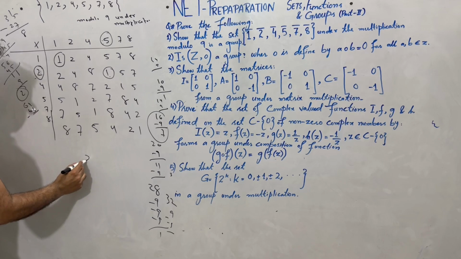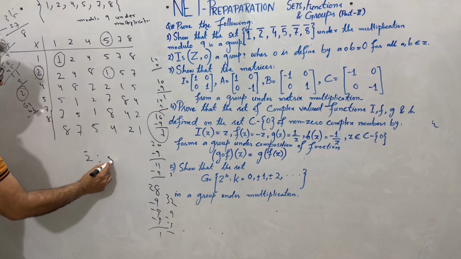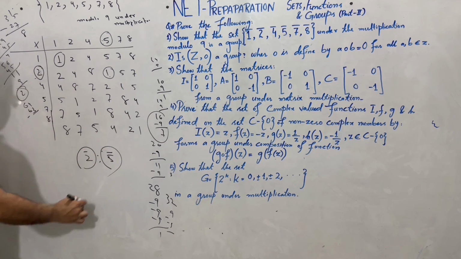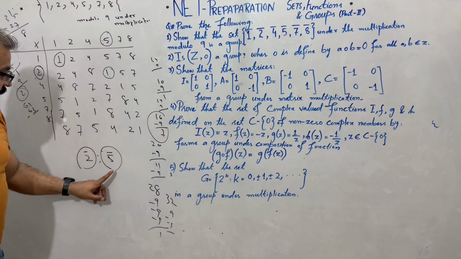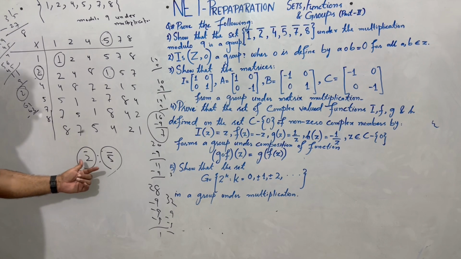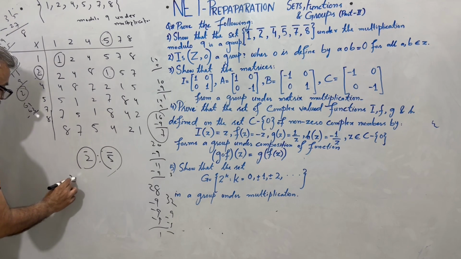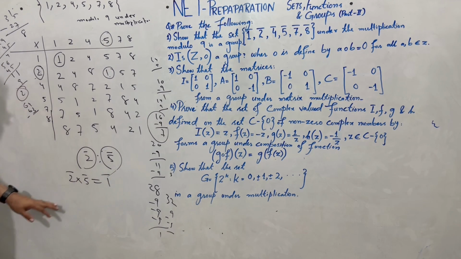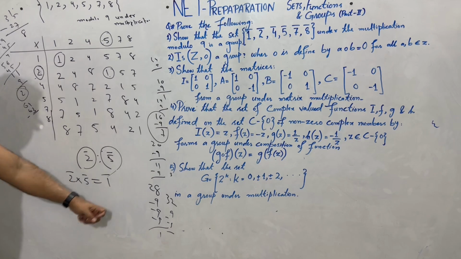So the inverse of 2 is 5 and the inverse of 5 is 2 according to modulo 9, because their multiplication will give us 1. 10 is a number greater than 9, subtract 9, I will get 1.